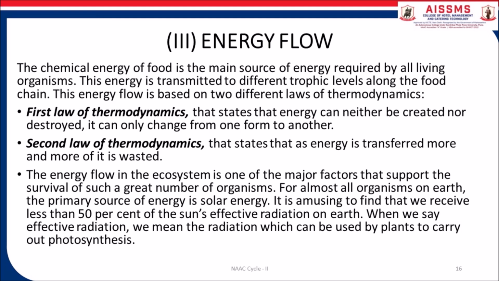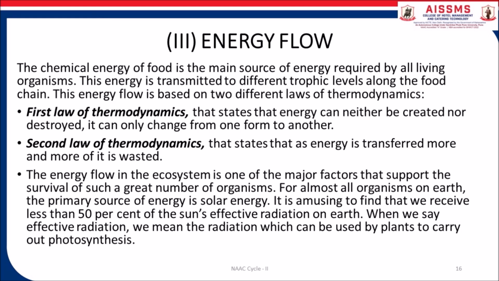The energy flow in the ecosystem is one of the major factors that support the survival of such a great number of organisms. For almost all organisms on earth, the primary source of energy is solar energy. It is surprising to find that we receive less than 50% of the sun's effective radiation on earth.